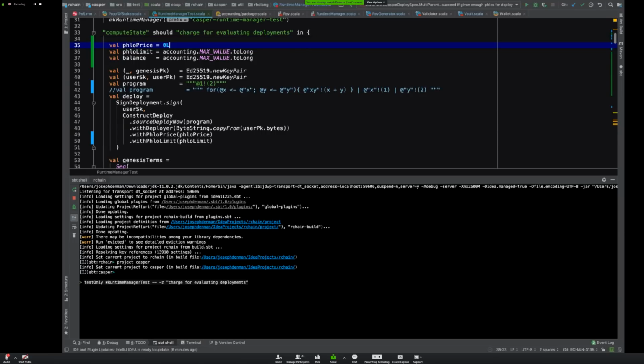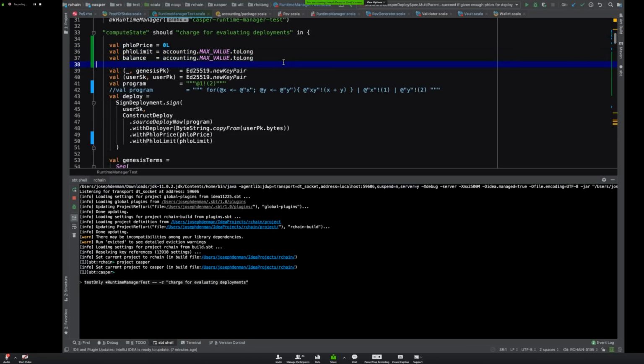The flow price is the number of rev that each unit of flow costs. This is multiplied by the cost of the program to determine the equivalent amount in rev that the program has to cost.